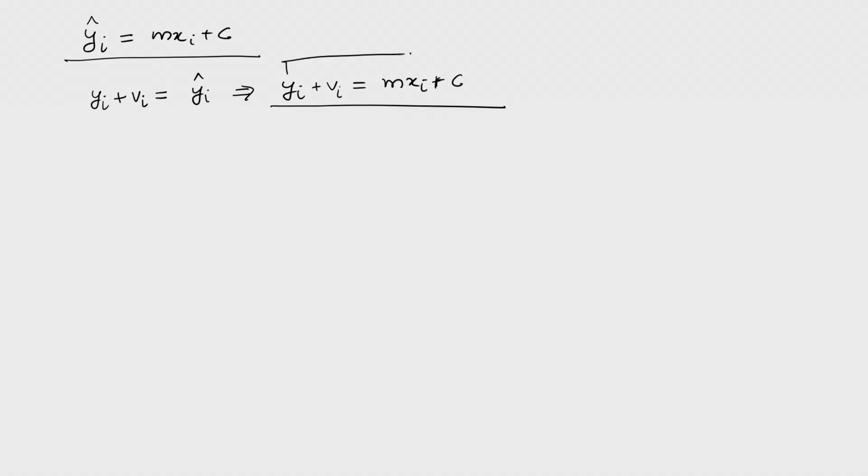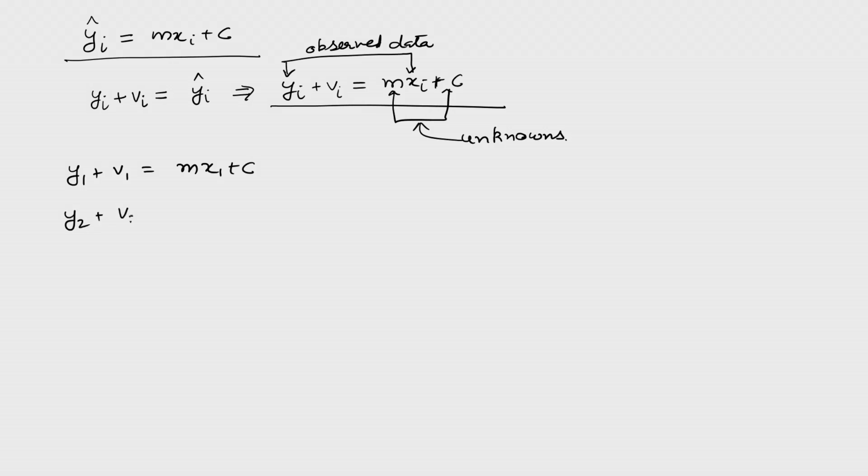Remember, these are my observed data, and these are my unknowns that I want to find out for finding out the equation of the line. So if I write for n number of data, I will get this, and so on. Remember, m and c are constant for a given line.